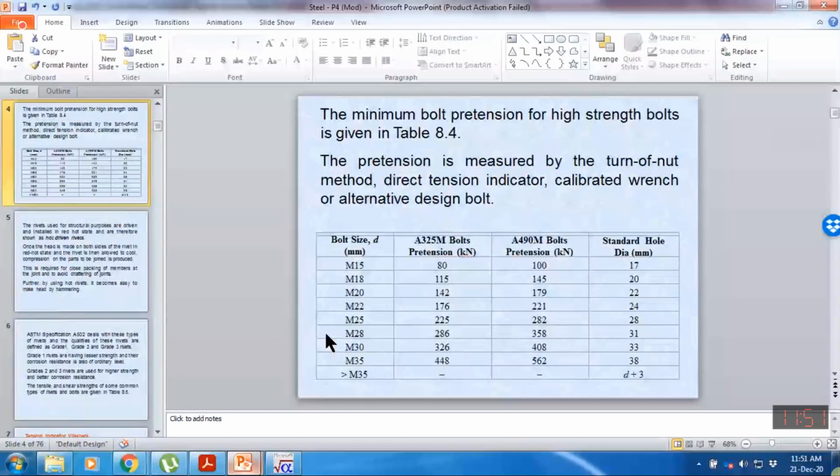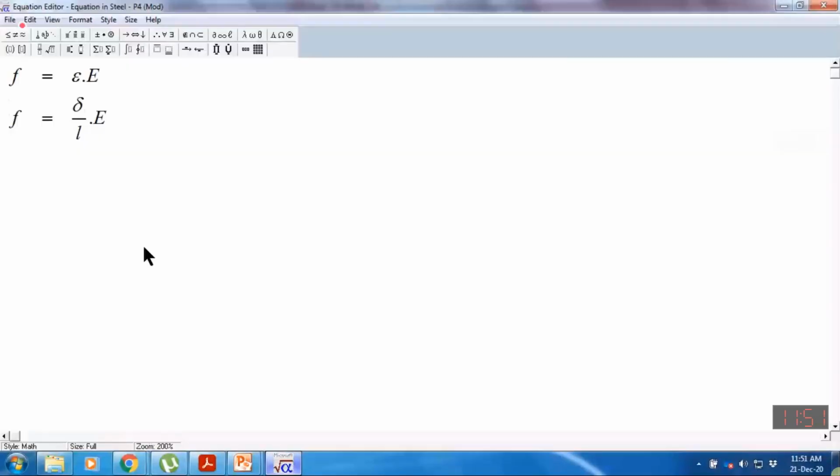L grip divided by 225, the stress that I want to provide, and multiplied by this E value.